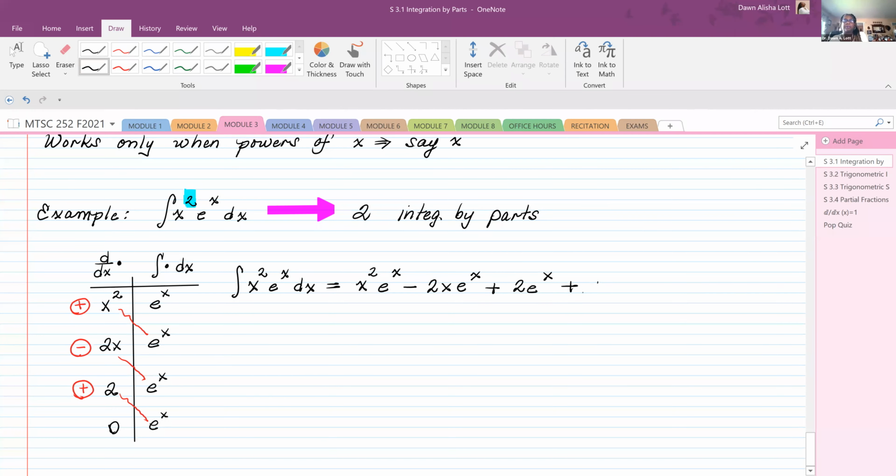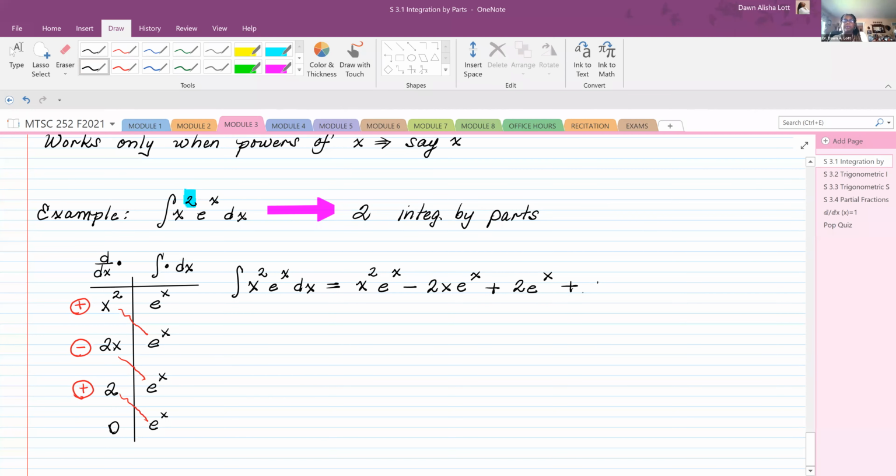Okay. So the integral of e to the x sine of x dx is equal to negative e to the x cosine of x, minus a negative makes plus the integral of e to the x cosine of x dx.